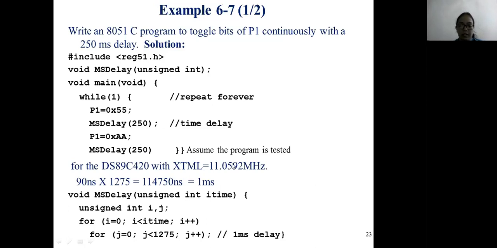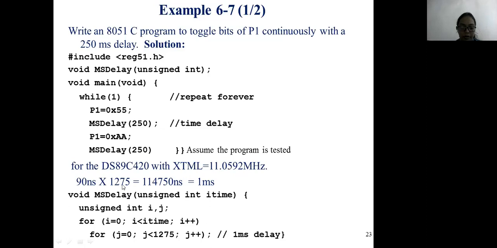This is the crystal frequency of 8051, 11.0592 megahertz, and the time duration for this is 1 by 11.0592 megahertz, which is 90 nanoseconds. Simply you multiply it with the count given to you.